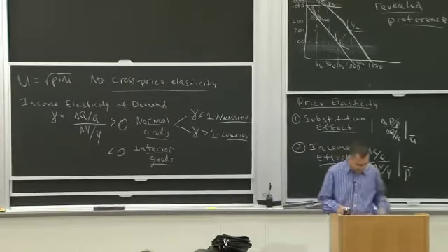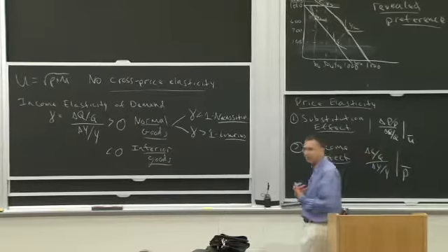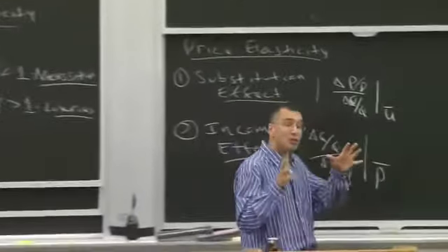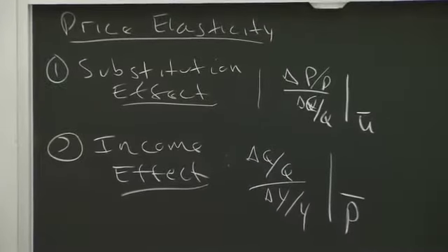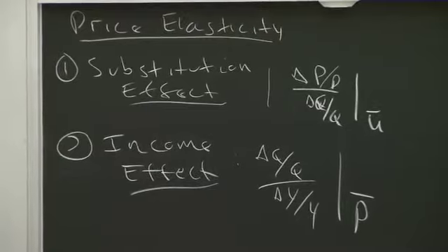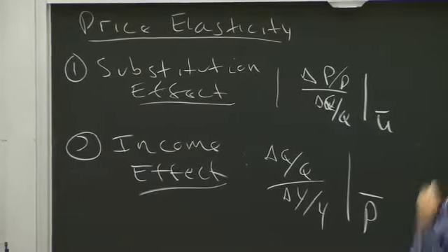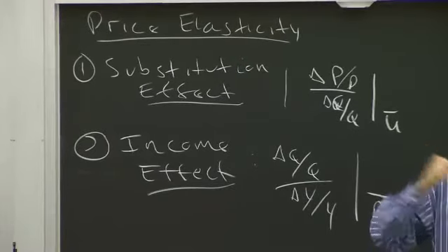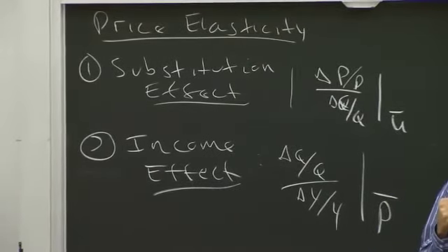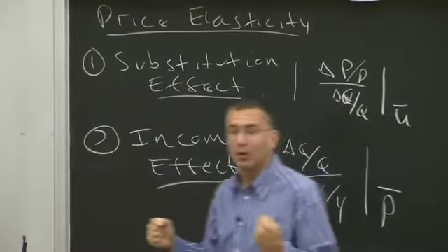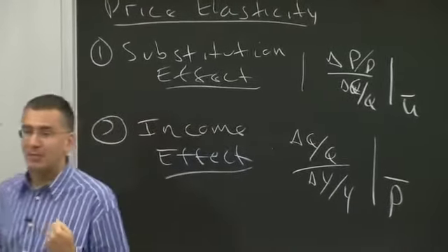These two put together determine your own price elasticity of demand. We'll do it intuitively, graphically and mathematically. Intuitively, when a price goes up, two things happen. On the one hand, at that different price ratio, I might want to substitute my consumption bundle. The second is, the price just went up, so I'm effectively poorer, and that's also going to affect my demand.